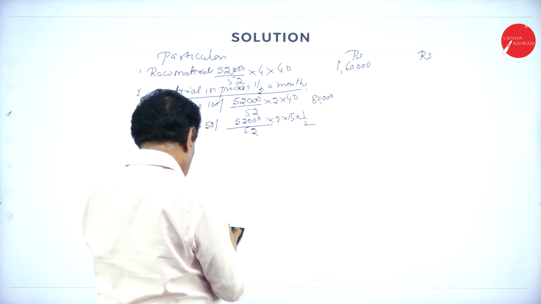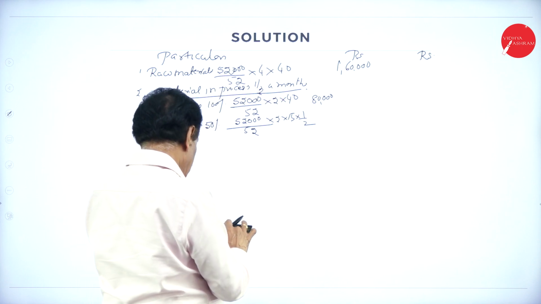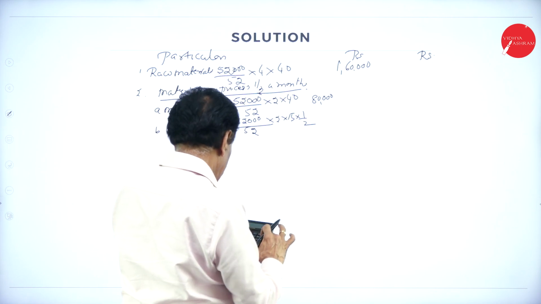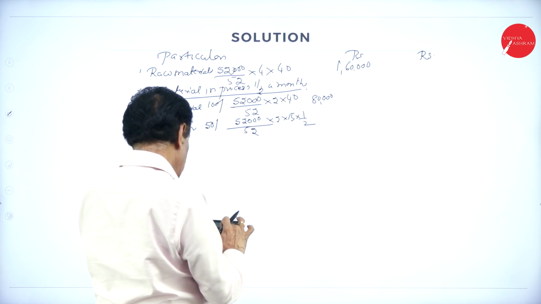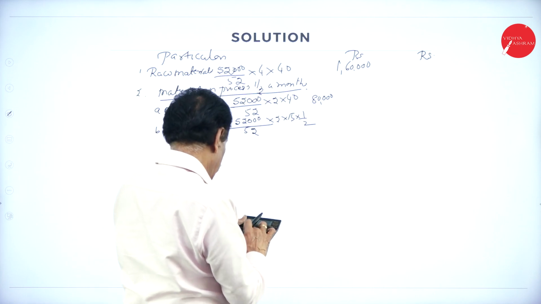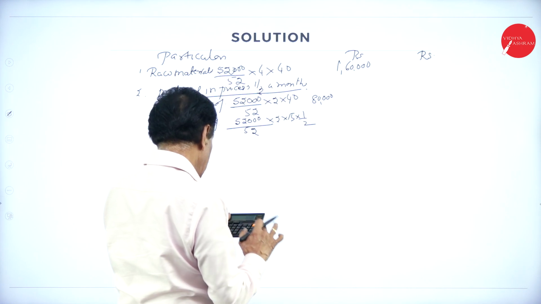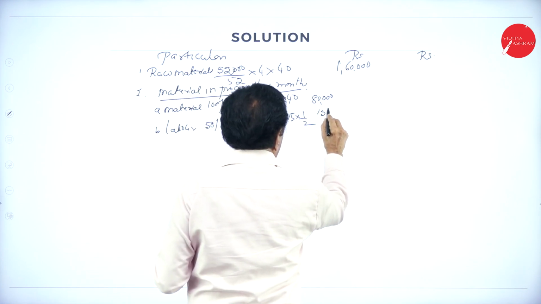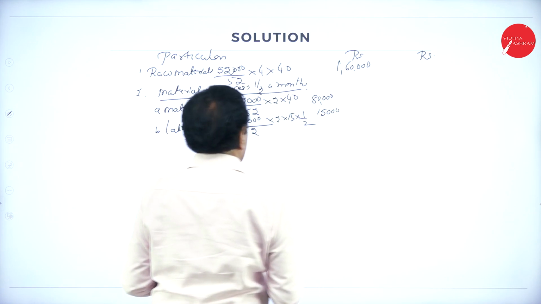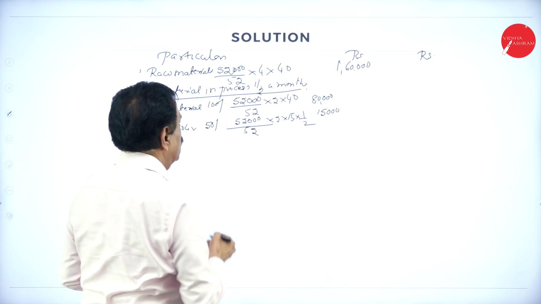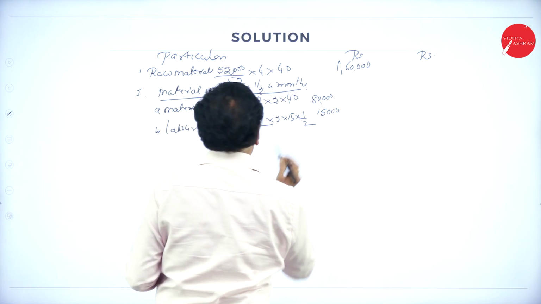So 52,000 divided by 52 into 2 into 15 into 0.5. The 2 cancel, and 52,000 divided by 52 gives 1,000, so it is 15,000.